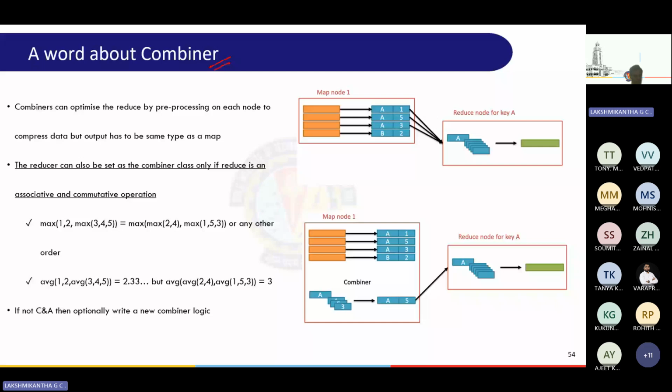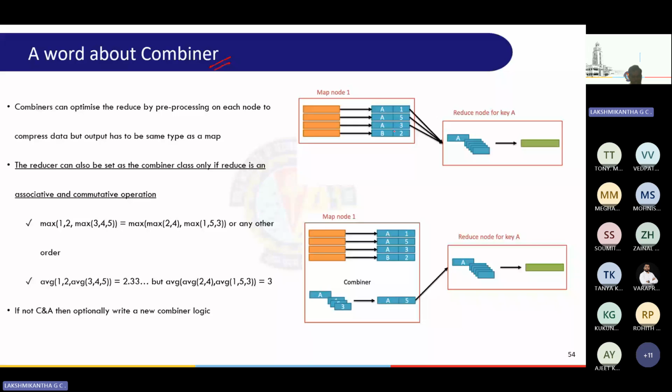Look at the diagram. So in the first example, without a combiner, the map node produces key value pairs like A,1, A,5, A,3, B,2. Okay, all these pairs have to be sent over the network to the reducer node for key A. Look at here.